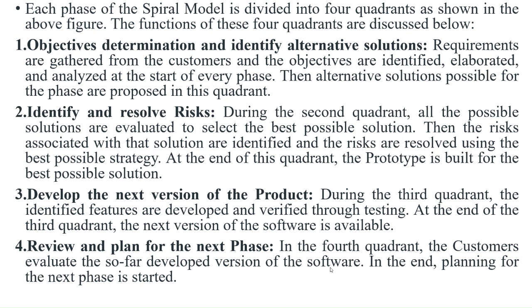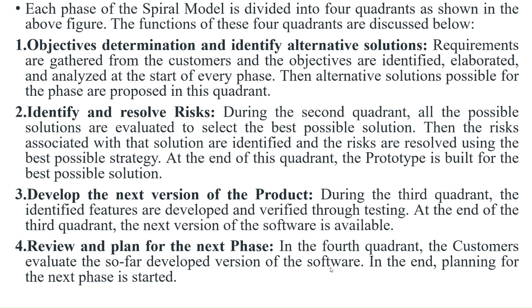Next, the second phase is identify and resolve risk. In this second quarter, we are identifying or finding the problems or risks. For that problem, we are finding the best possible solution to rectify it. We decide which method and which function should be used, and we are debugging that error or risk.